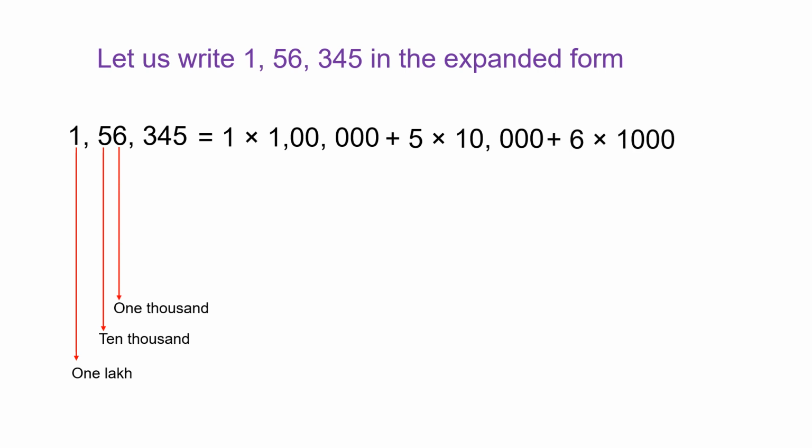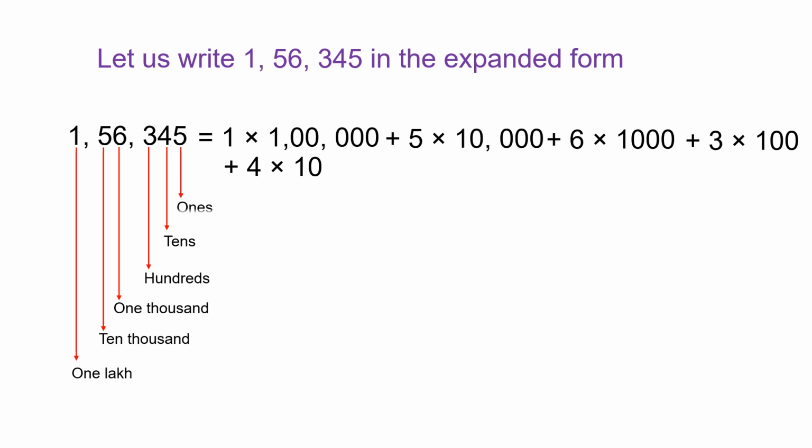So its place value is 6 multiplied by 1000. 3 is in hundreds place. So its place value is 3 multiplied by 100. 4 is in tens place. So its place value is 4 multiplied by 10. 5 is in ones place. So its place value is 5 multiplied by 1.